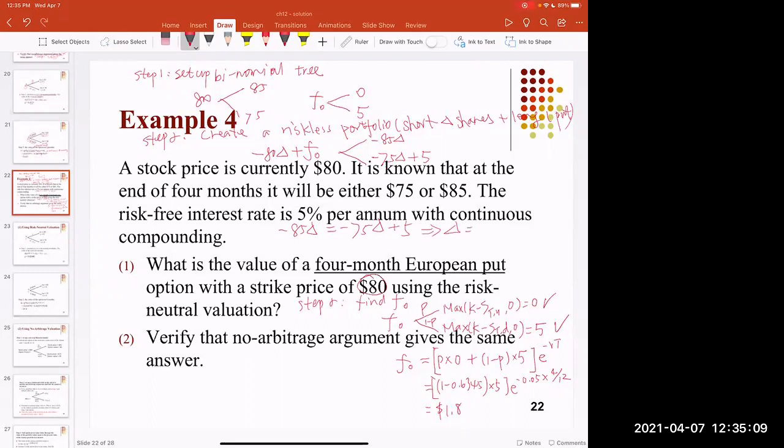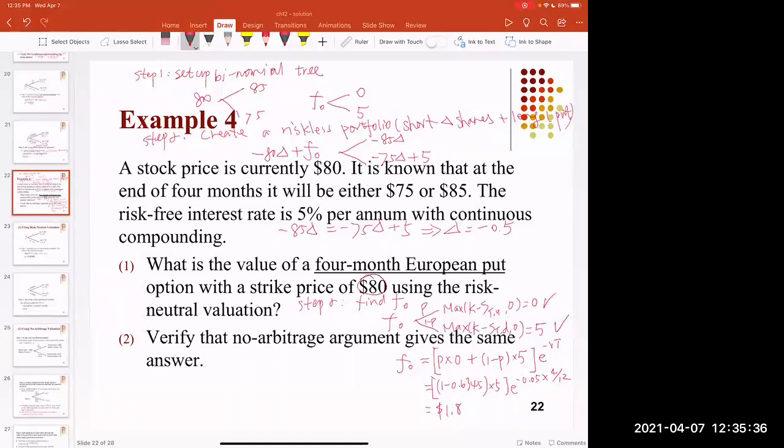Can you check it again? If you move negative 75 delta to the left-hand side, then, oh, it's negative 0.5. Right, that's correct. Don't forget the negative 0.5 because you do short. So delta negative means it's short 0.5 shares and long one put option.